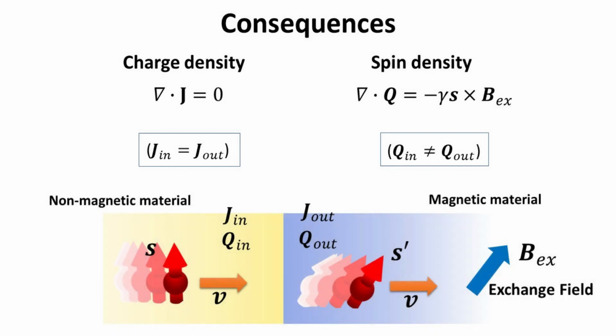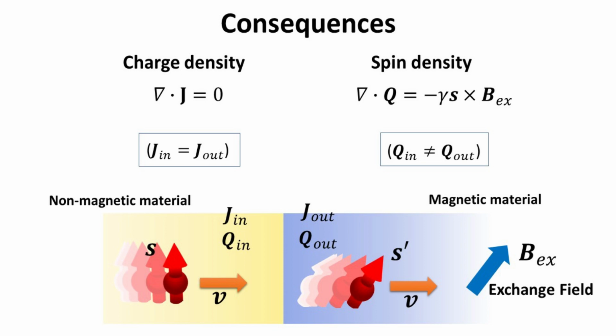This can be illustrated in junctions composed of non-magnetic and ferromagnetic materials, like the cartoon shown below. Consider the injection of charge and spin currents from a non-magnetic material into a magnetic material. The injected electrons into the magnetic material will have a spin current polarized along the exchange field of the magnetic material, after it propagates some distance into the magnetic material.